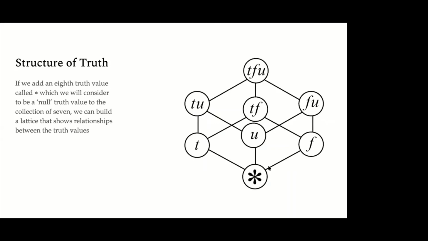But because this structure resembles the power set, the Hasse diagram for a set with 3 elements, we thought that this could have some implications for the relationships between the truth values.